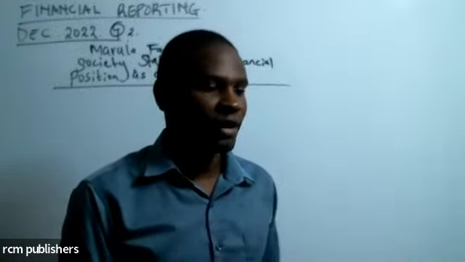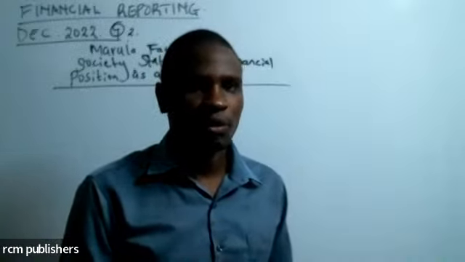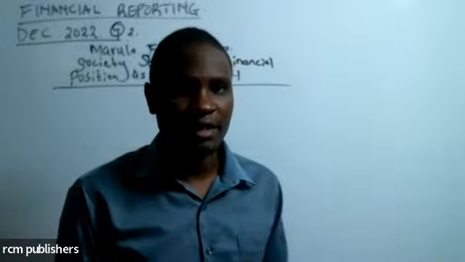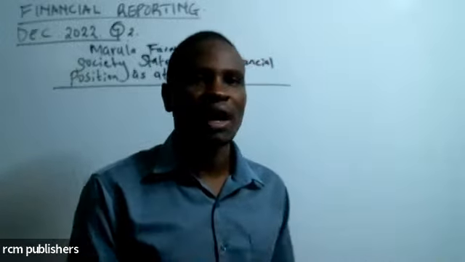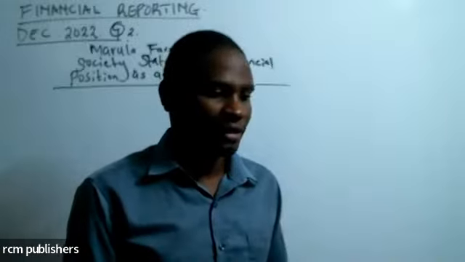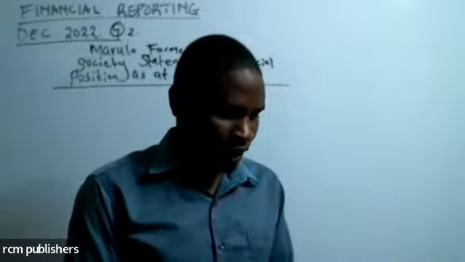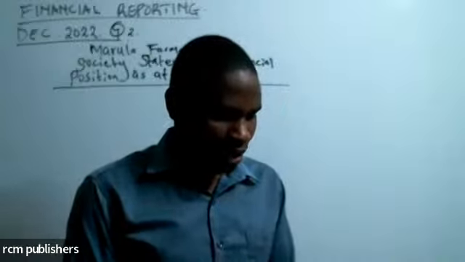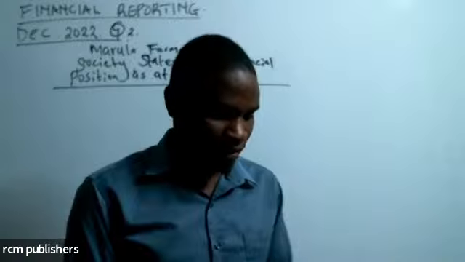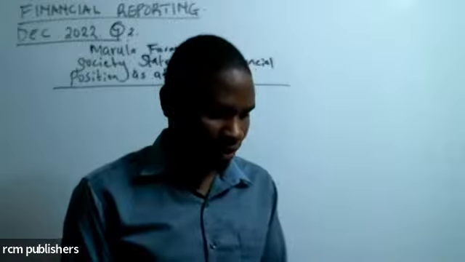So don't classify assets as non-current or current, because here we are having general assets. So I want us to check how many columns we should have in our case here.